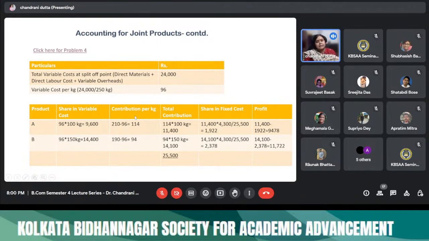Now you can also calculate the total sales value, or do it the way I have shown here, where I calculate contribution per kg. I know my variable cost per kg is 96, and for both A and B the rate per unit stays the same in variable cost. So selling price minus variable cost per kg, so contribution comes to 114 rupees per kg for A, and for B it comes to 94 rupees per kg. So how much is the total contribution? 100 kg for A, so 114 into 100 kg, 11,400. 94 into 150 kg, 14,100.